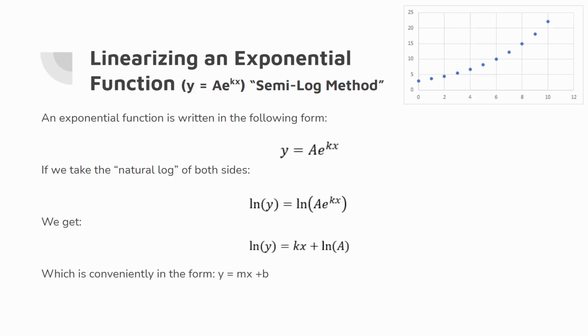What's cool is on the right-hand side, the log of a times e to the kx becomes kx plus the natural log of a. And that's essentially y equals mx plus b. So if we plot the natural log of our y values versus our x values, it should give us a linear function.